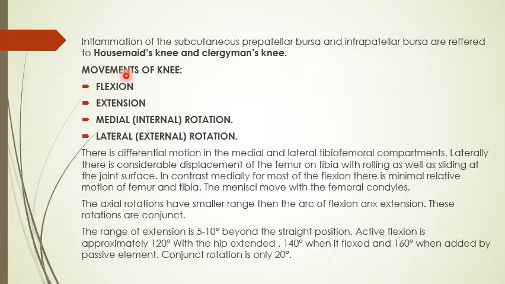It is not oblique, it is straight, passing through the intercondylar eminence. Any joint which works on one axis will have two principal movements. Like in the knee, there is one single axis, the transverse axis, crossing just above the tibial condyle.